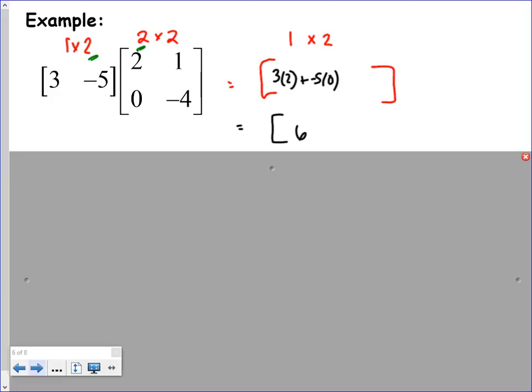So that would be 23 for the second entry. There's my answer. Any questions? Make sure you practice these tonight.